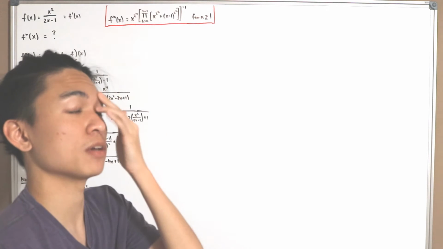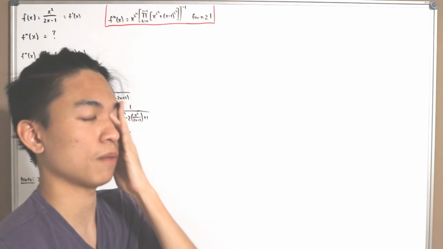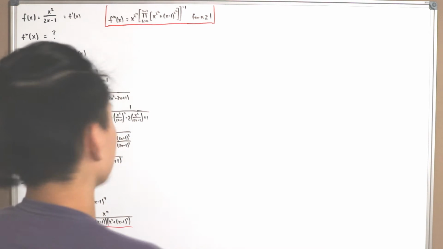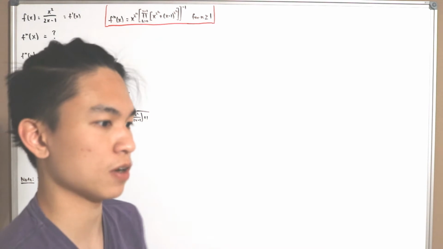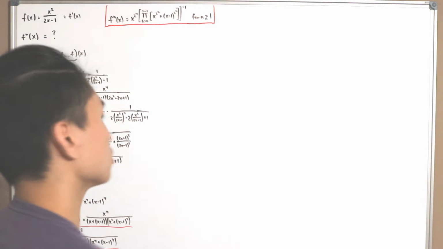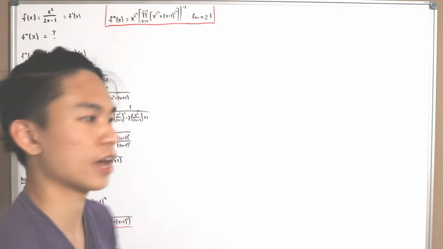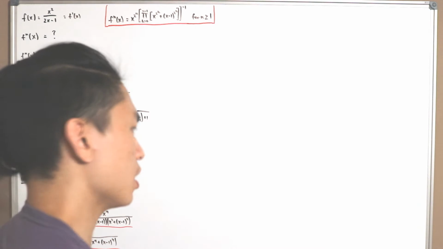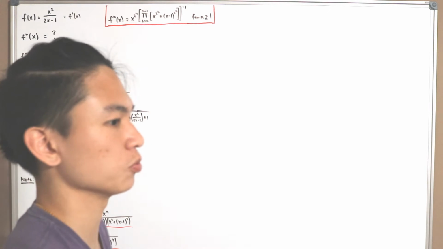Now I actually made a video on proving using mathematical induction over a year ago, so you can check out that video if you want to. I'll leave a link to that video in the description. But basically, what induction says is, in order for a formula to work, you need to show 3 different cases.